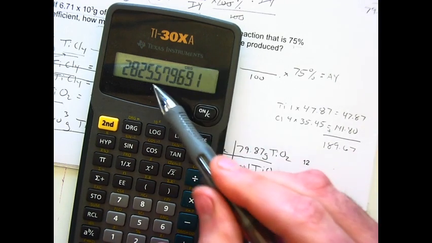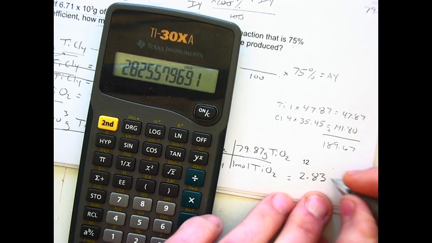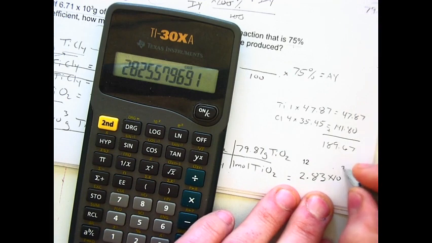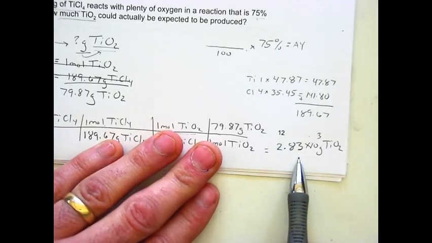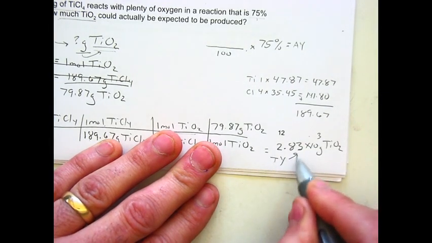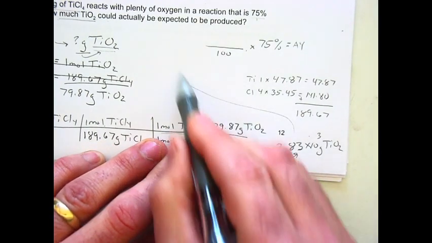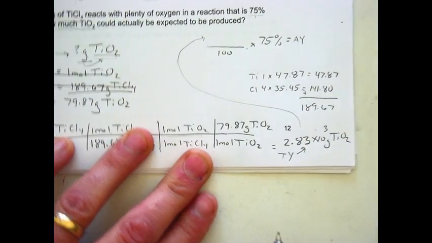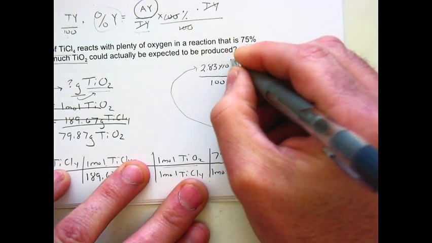Again, since the decimal moves more than 2 places, it must be in scientific notation: 2.83 times 10 to the third grams titanium(IV) oxide. And once again, that represents the actual yield. The theoretical yield, my mistake. That's the theoretical yield. And that, therefore, goes there. So we put in 2.83 times 10 to the third.